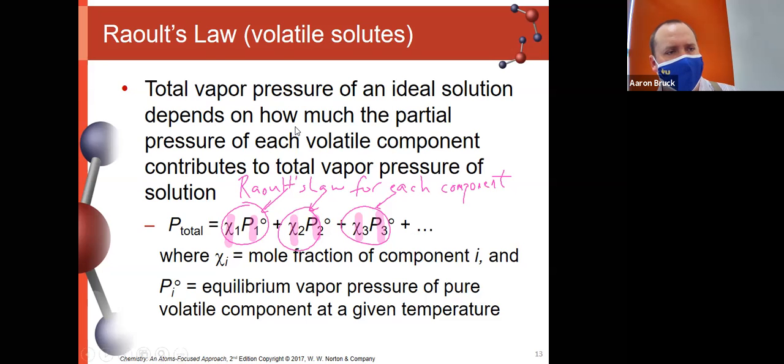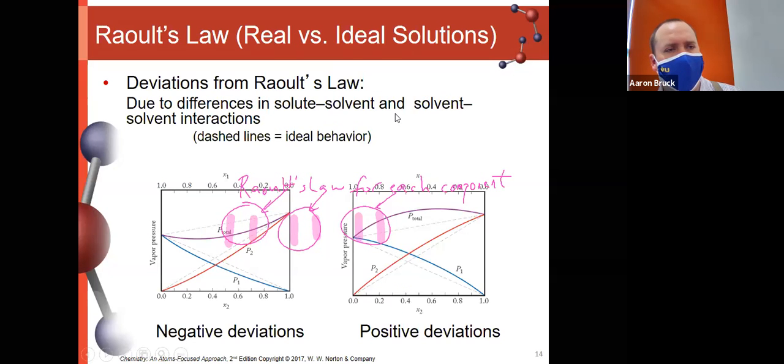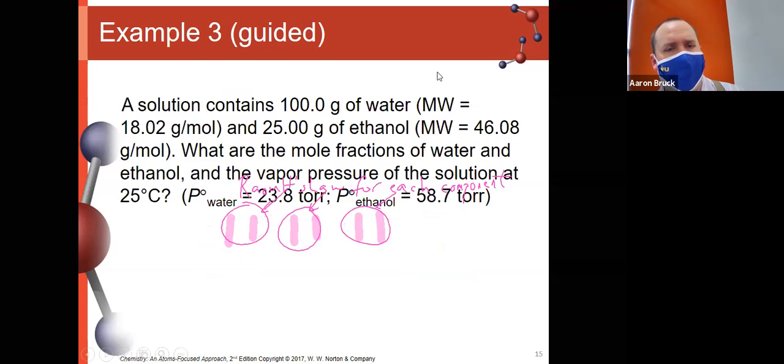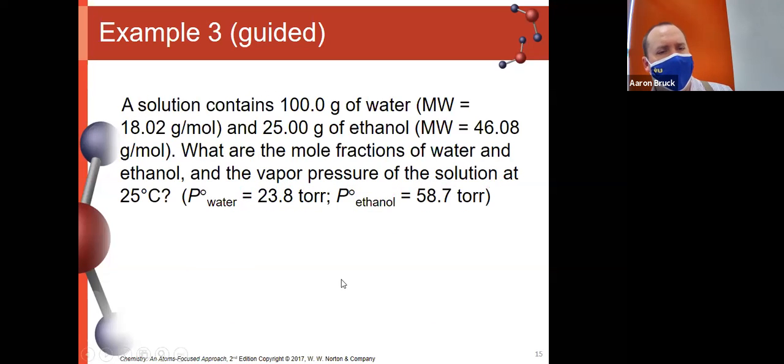All right, so let's take a look at an example here. We've got a solution that contains 100 grams of water and 25 grams of ethanol. We need to know what are the mole fractions of water and ethanol, and what is the vapor pressure of the solution at 25 degrees Celsius.